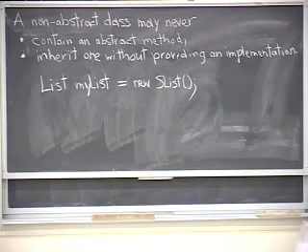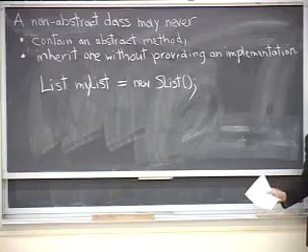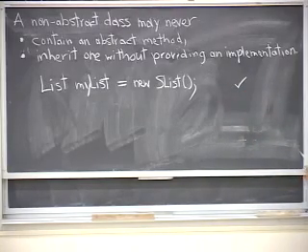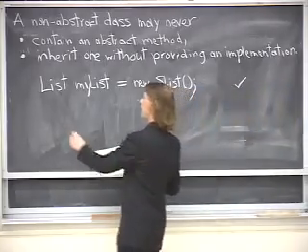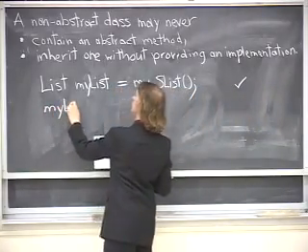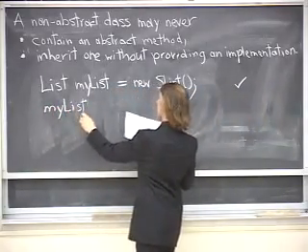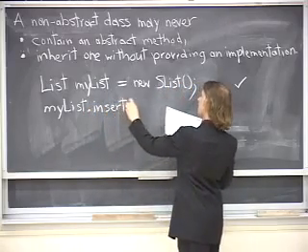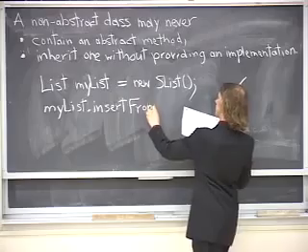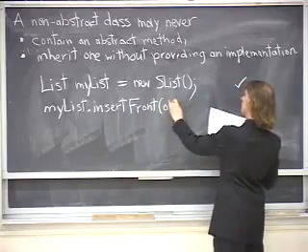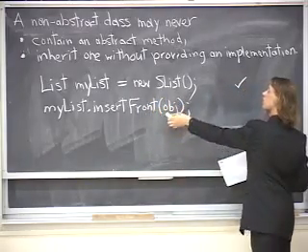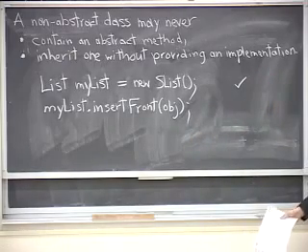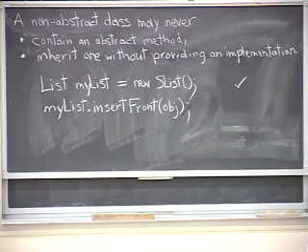SList is a subclass of list, and SList is not abstract, so this line works. And I can even call insert front on my list. I don't have to do a cast. I don't have to know what the dynamic type of my list is. This will not only work on SList, it'll work on all of the other 100 non-abstract subclasses of list as well.